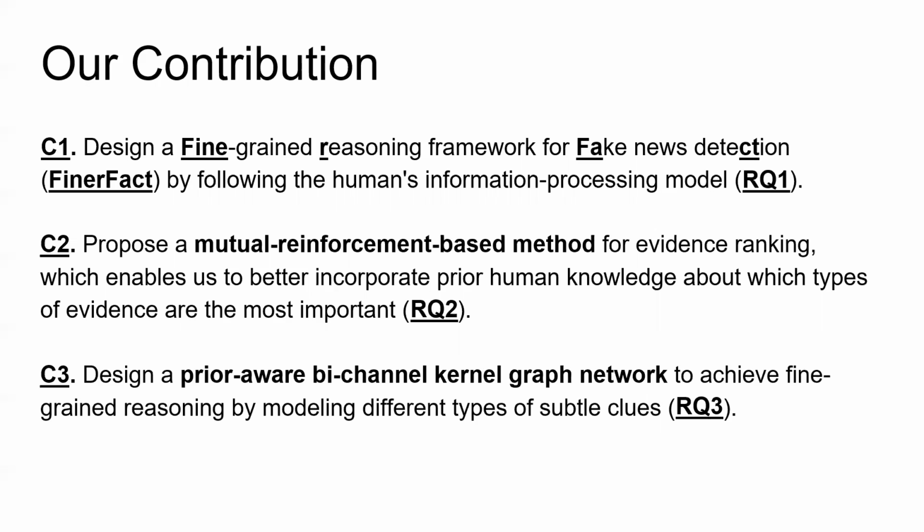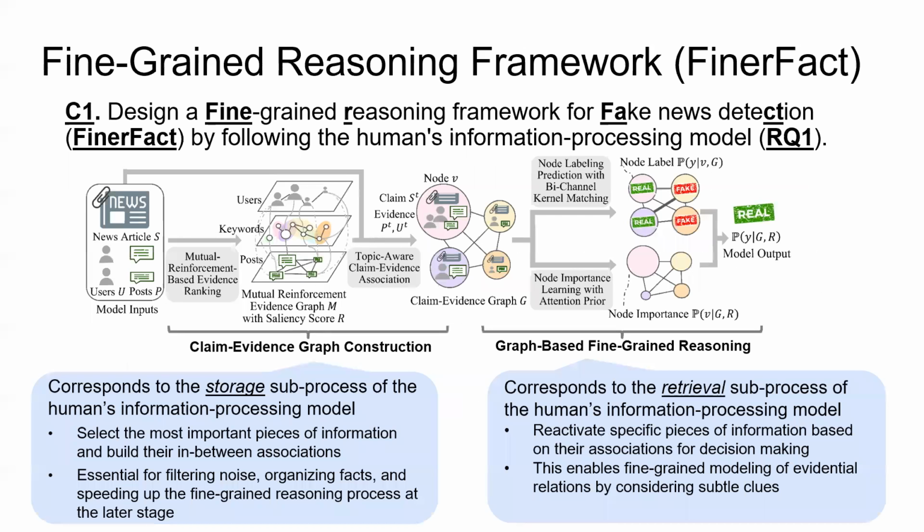And the third one is we designed a prior-aware bi-channel kernel graph network to achieve fine-grained reasoning by modeling different types of subtle clues and deciding the importance of each evidence node. So this is the overview of our framework, and the entire pipeline corresponds to our first contribution.